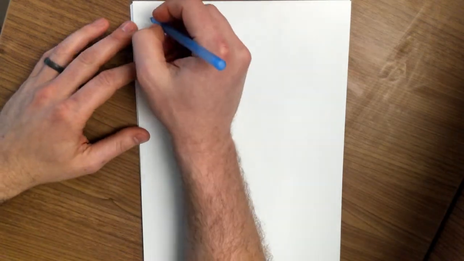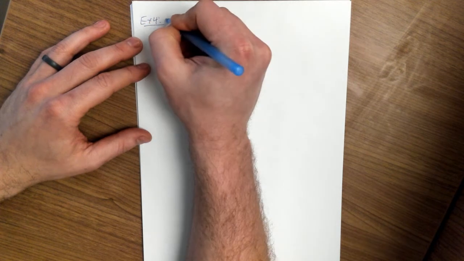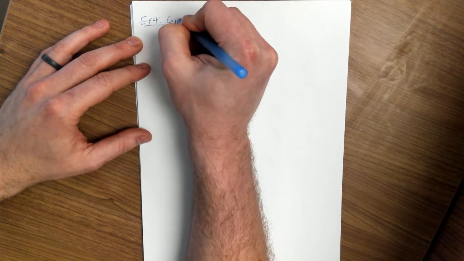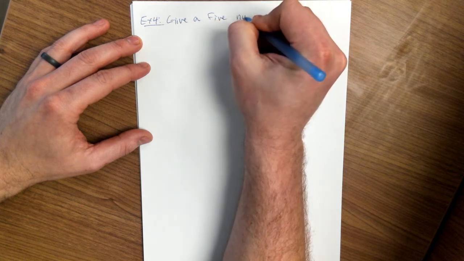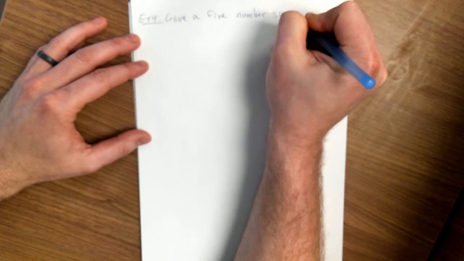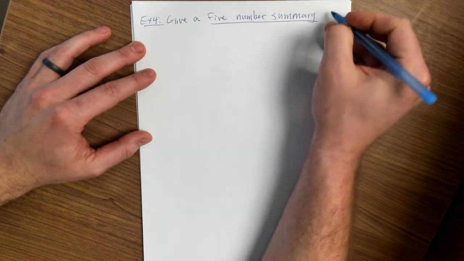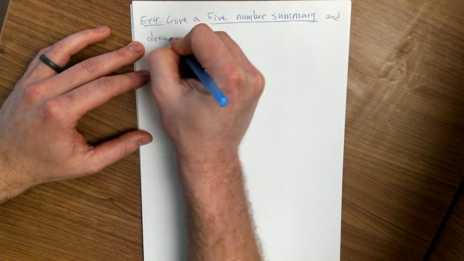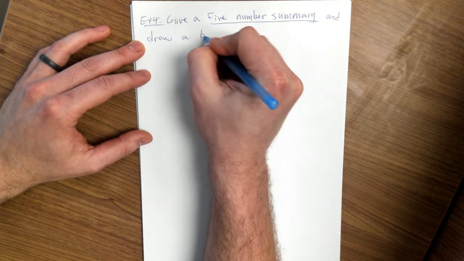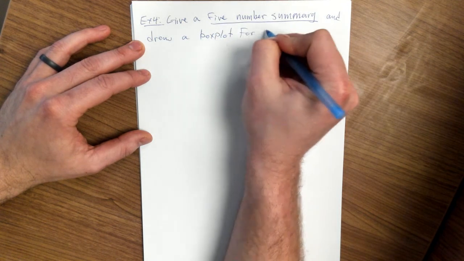So here we'll call this example 4. Give a 5-number summary and draw a box plot for example 1.